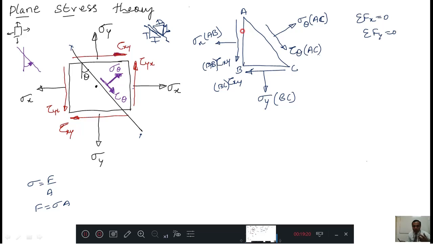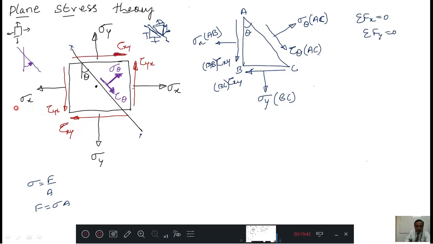But here again the theta is very difficult to measure. Here the theta is given, and our concentration is mainly on sigma theta and tau theta. Therefore, what I do, look at here, very important diagram. If you know how to draw this diagram, then everything becomes very easy.